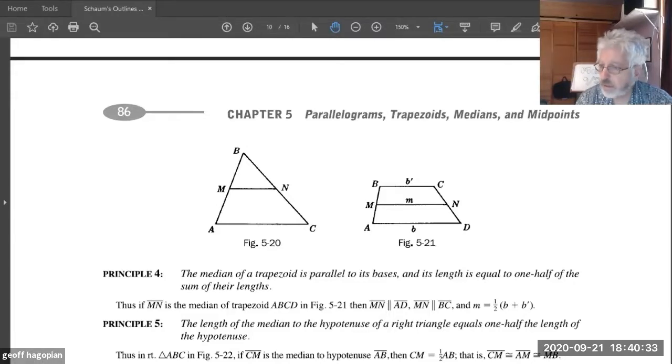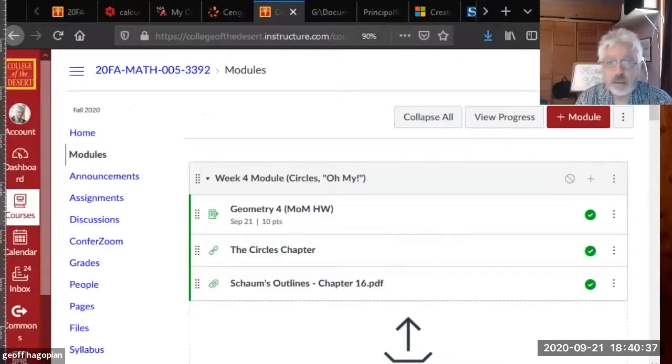And let me just say that in our box. So I'm going to say, oh, I need to publish this still. Okay, week 4, there it is now.